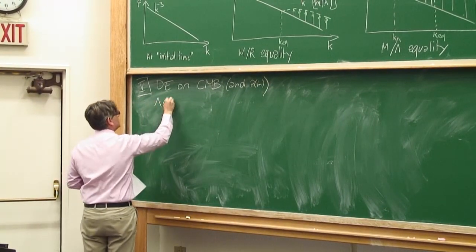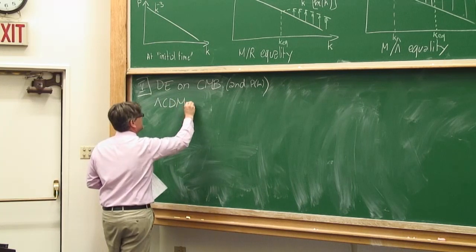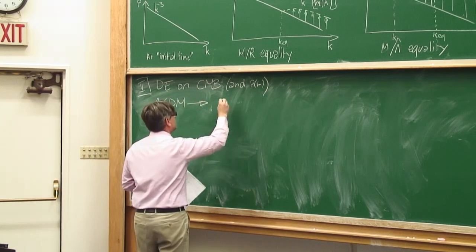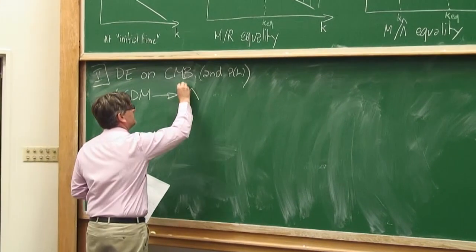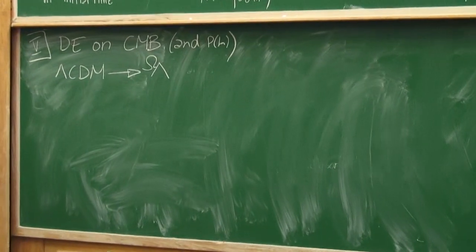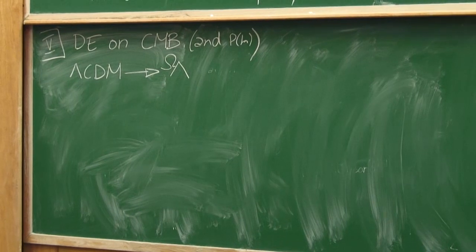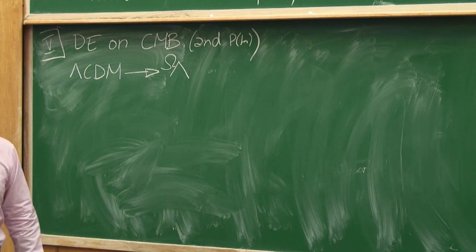In the lambda CDM model, there is only one parameter accounting for the acceleration of the universe, this lambda or omega lambda. We have seen already how we can measure omega lambda, mainly from the effect C1 in the CMB, the position of the peak. Usually omega M and omega B are fixed with effects C2 and C3.